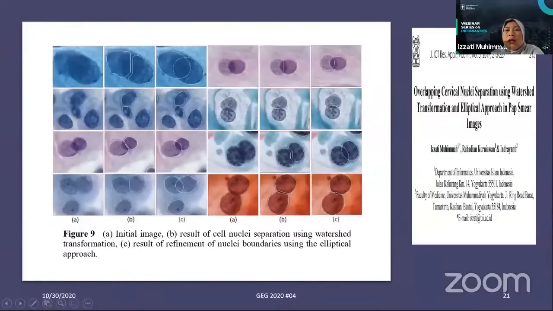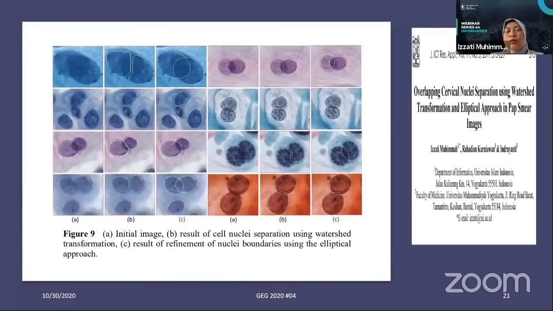And then further, we want to investigate, because in the data there are some overlapping nuclei. We have to count the cells, but when you do staining, the individual cells may overlap each other.